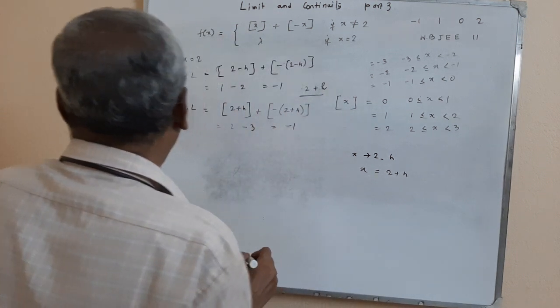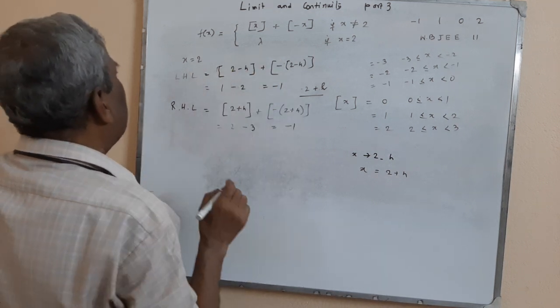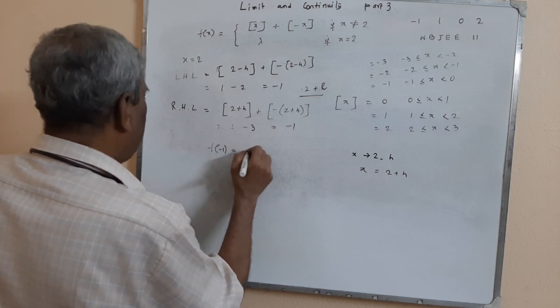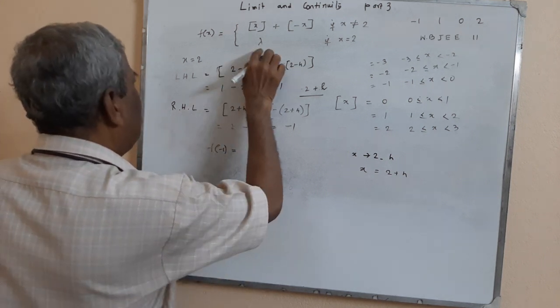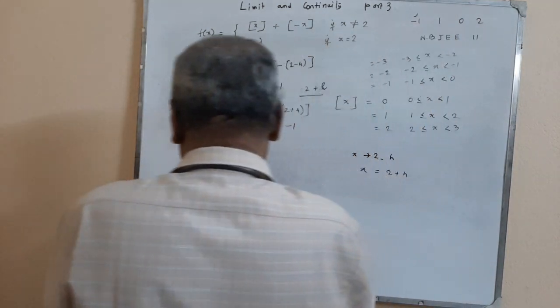So left hand limit and right hand limit are both minus 1, and because it is continuous, f of 2 must be minus 1, that is lambda must be minus 1. So this is our answer. Thank you.